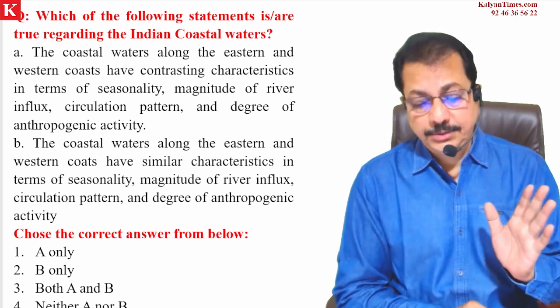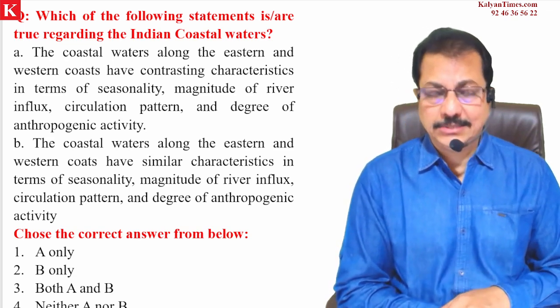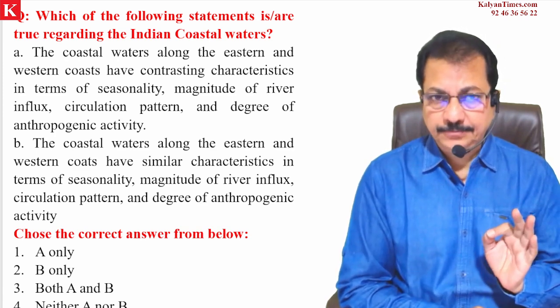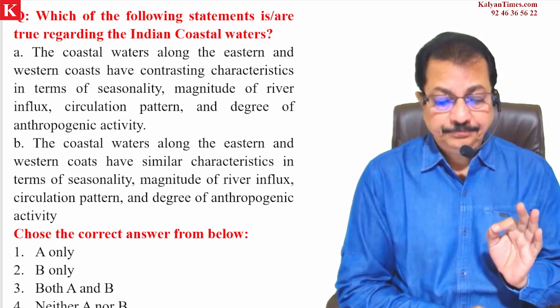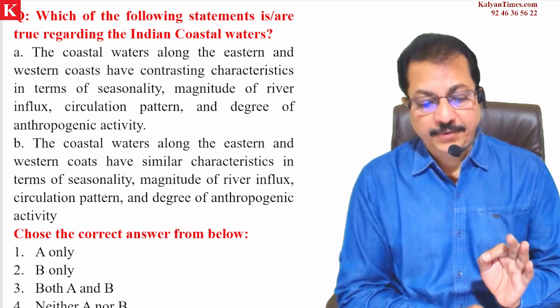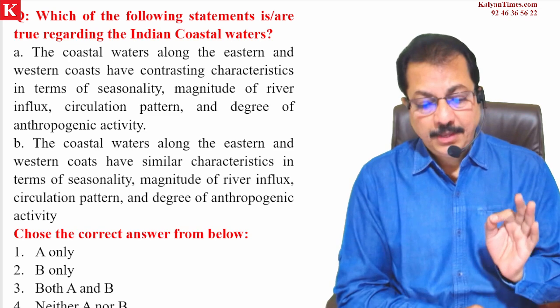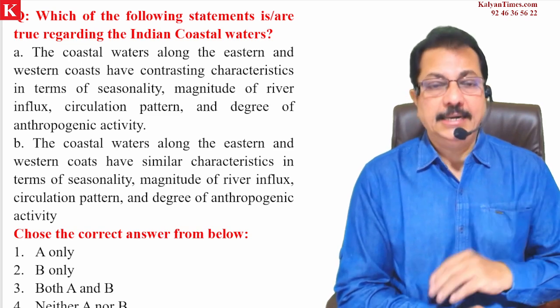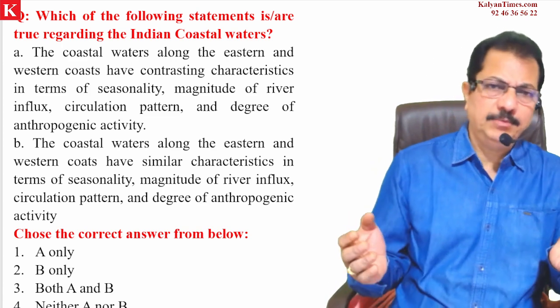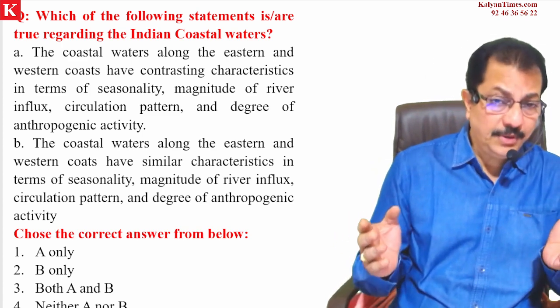So the coastal waters along the eastern and western coast have contrasting characteristics in terms of seasonality, magnitude of river influx, circulation pattern, and degree of anthropogenic activity. Statement A is very much correct. Clear? I told you, very very important.